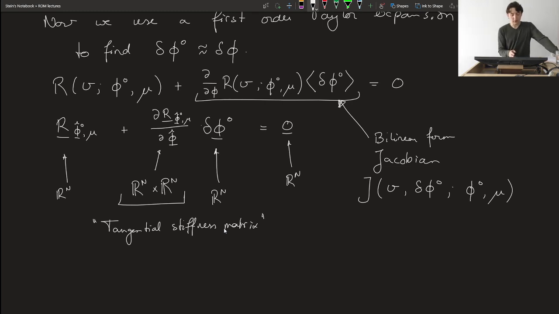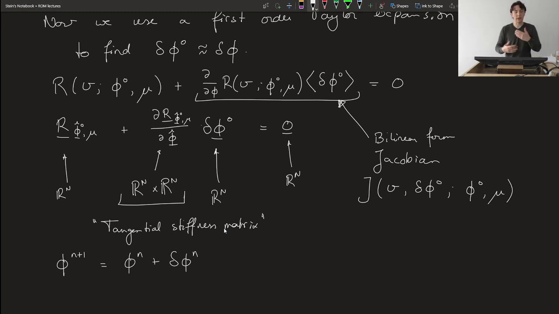Okay, but still, the tangential stiffness matrix is hopefully something that you're familiar with in terms of nonlinear analysis. And also this increment idea, right? So we have a certain step, we take the tangential stiffness matrix, operate on an increment, and in our new step, phi n plus 1 is going to be equal to phi n plus that increment that we find, so plus delta phi.